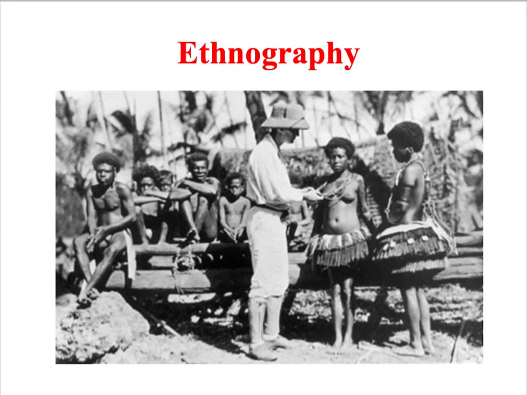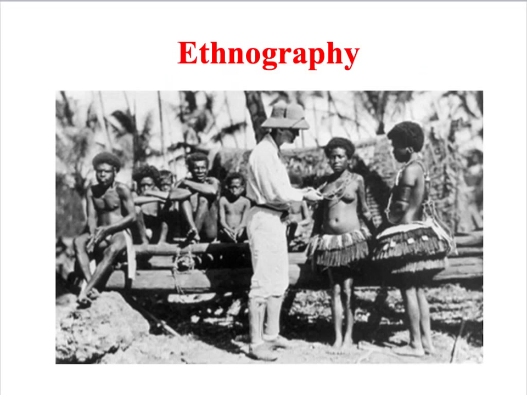Now, participant observation is associated with a particular type of research design known as ethnography. And ethnography is a research design that was actually pioneered within sociology's sister subject, social anthropology. Social anthropologists are interested in traditional societies, in pre-industrial societies such as tribal societies.